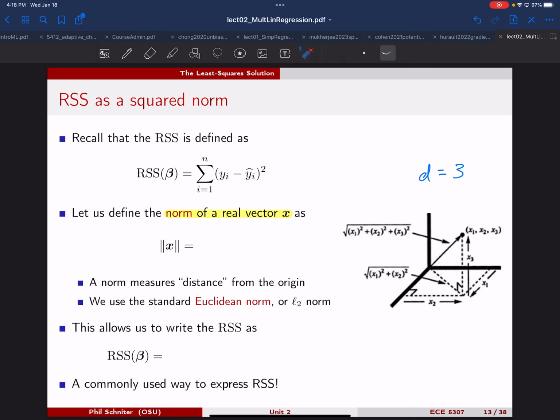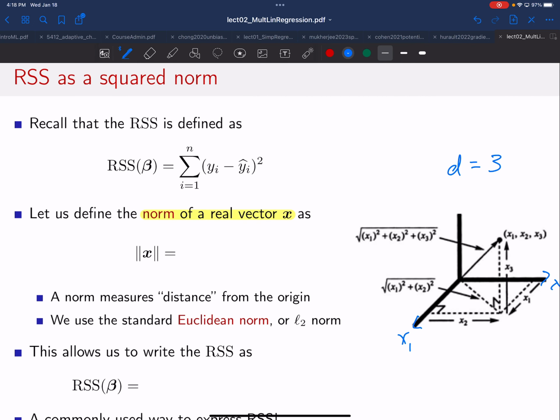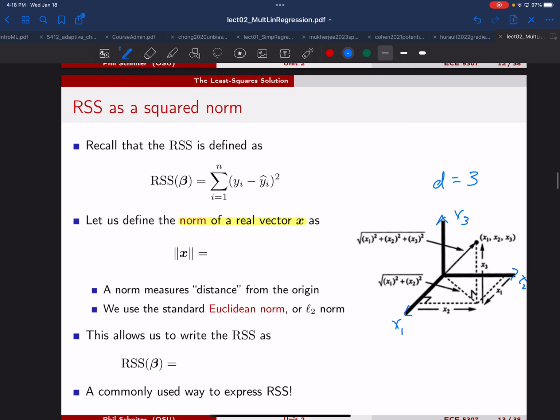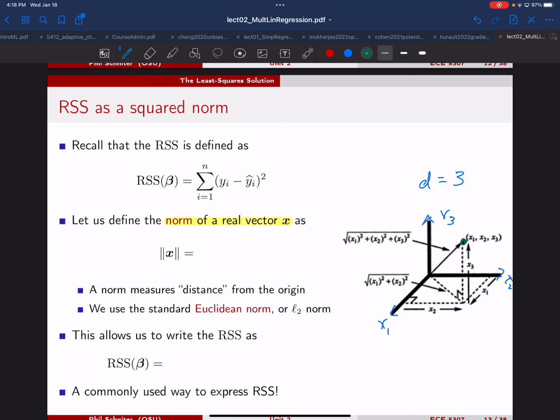So we have 3 dimensions of x here: x1, x2, and x3. Then this would be a visualization of the vector which has coordinates x1, x2, x3. This is x with the underline.